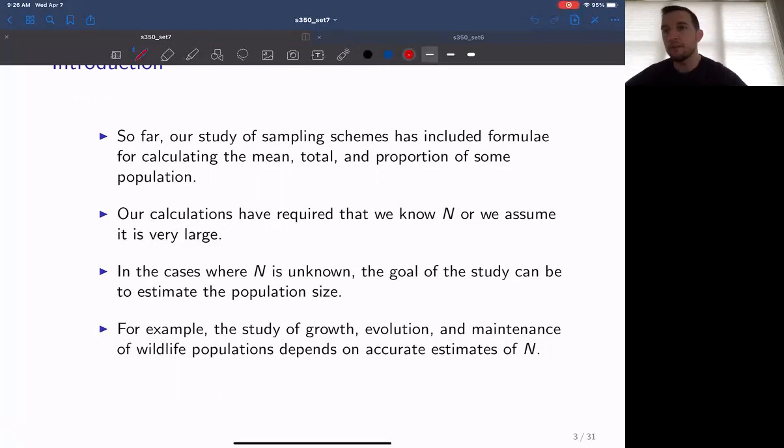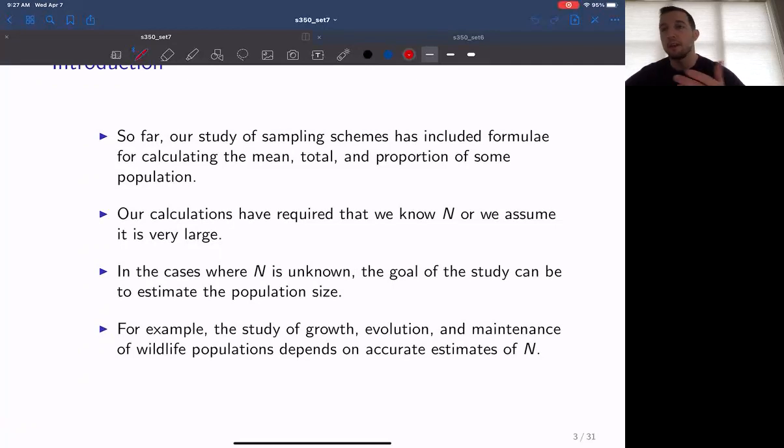We know that in the cluster sampling scheme, we have ways around this because we can use the sizes of the sampled clusters to find the average size of each cluster and use that as an estimate for the average size of all of the clusters in the population. But if we don't have the total number of observations, we have to use an entirely different strategy to estimate the total.